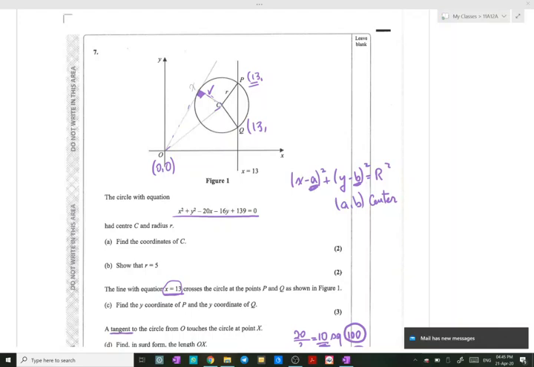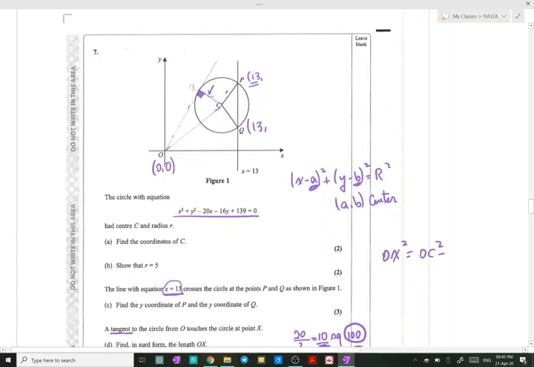So we say that OX squared equals OC squared minus CX squared using Pythagoras' theorem, where OC is the hypotenuse in the right triangle CXO and CX is the short leg.